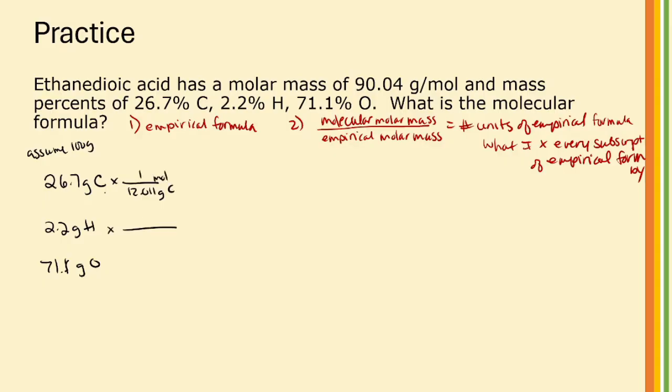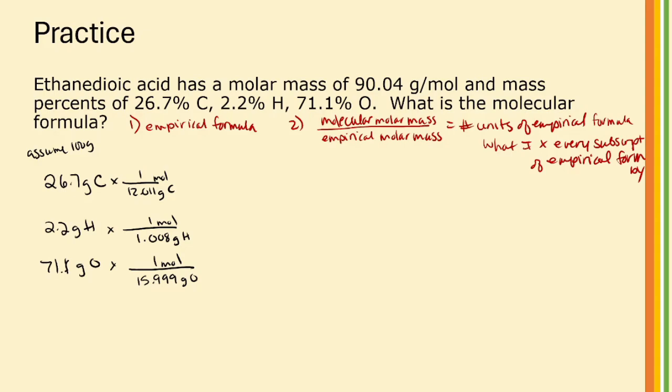The molar mass of carbon is 12.011, 1.008 grams hydrogen per mole of hydrogen, and 15.999 grams of oxygen per mole of oxygen.